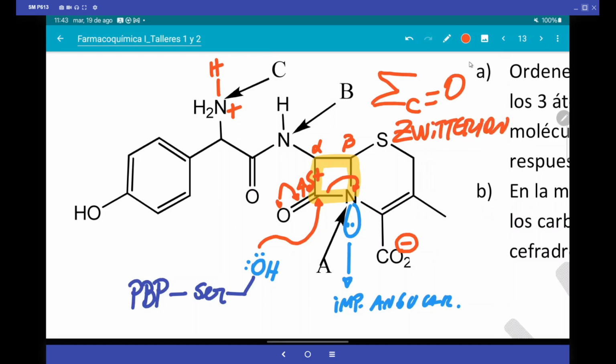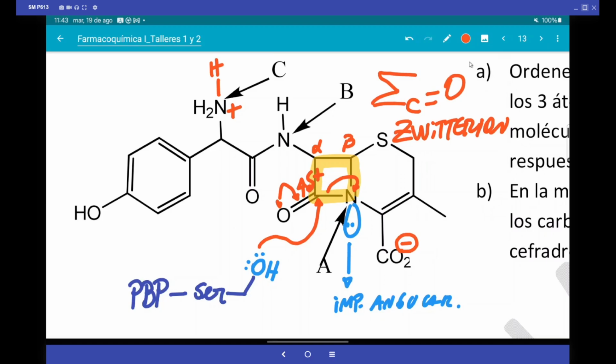Question: do we want to have pharmaceuticals that are zwitterions? If not, what do you think, in some cases for activity effects, it is convenient. But at the level of oral absorption, will zwitterionic molecules be easily absorbed at the intestinal level?